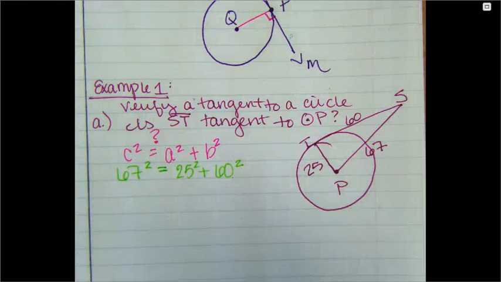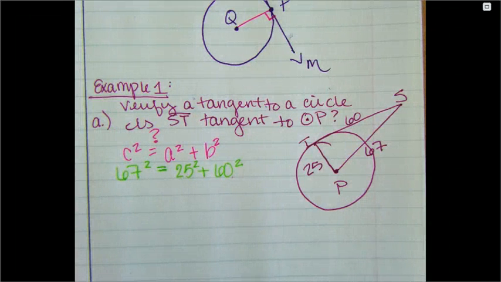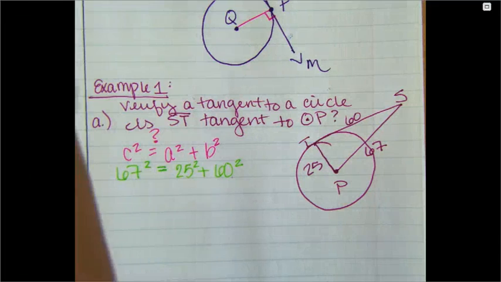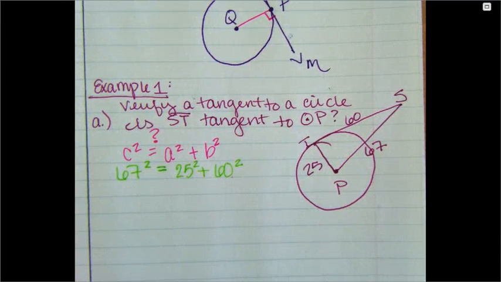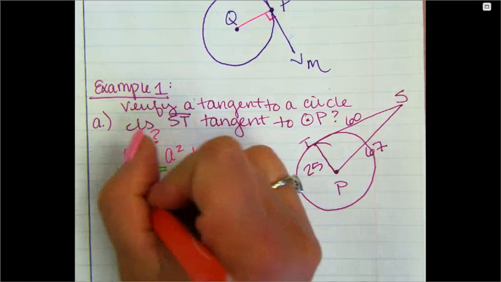Alright, what's 67 squared? I don't know, that's what a calculator's for. Okay, what's 67 squared? 4,489.